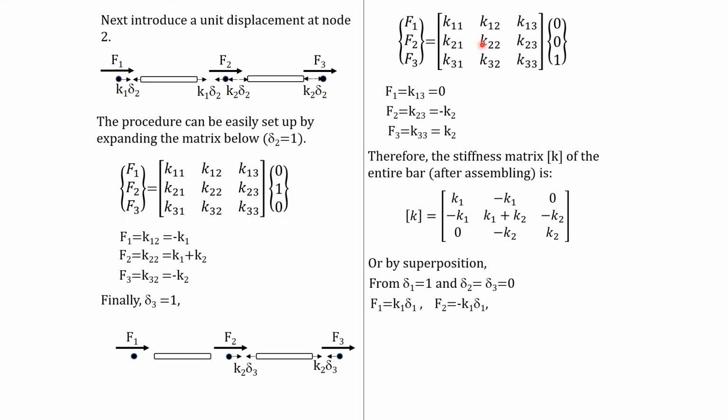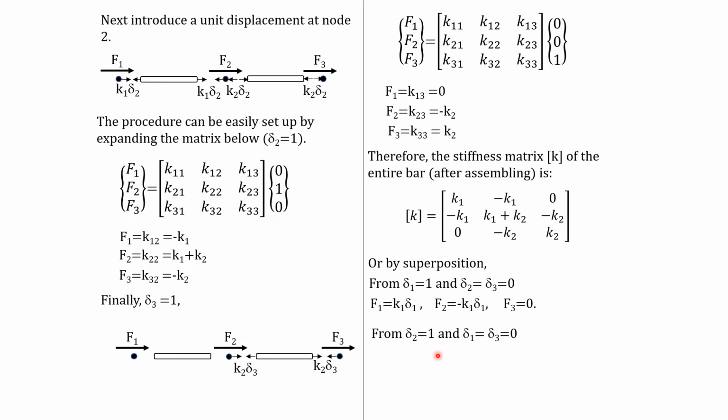F2, on the other hand, is equal to K21, and it is equal to negative K1 delta 1. Delta 1 is equal to 1, so that's why F2 equals negative K1. F3 is 0 because the displacement is only at 1.